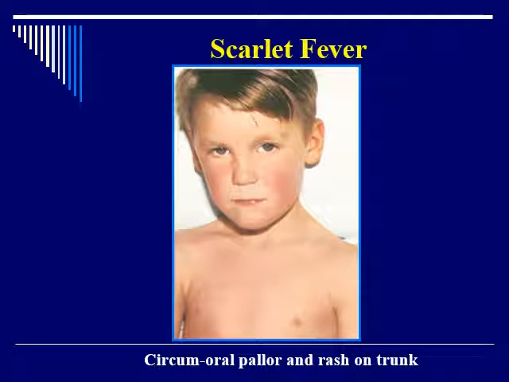This picture is of a child with scarlet fever. As shown, there is redness of the whole face except the area around the mouth, which we call circumoral pallor, and it is a pathognomonic sign for scarlet fever.